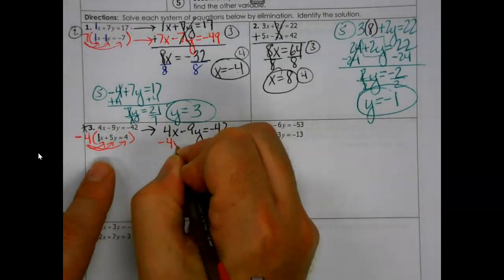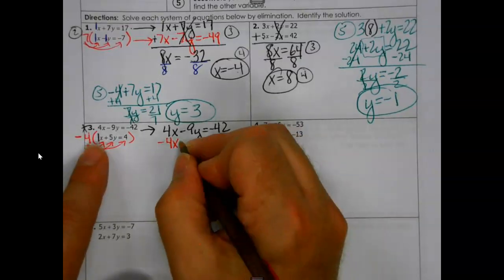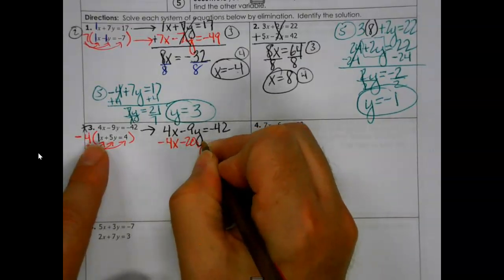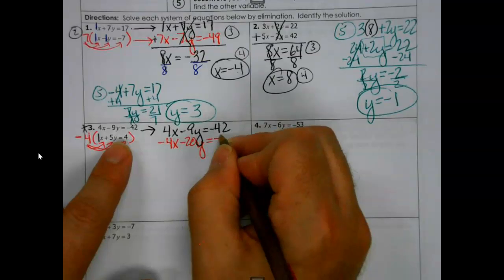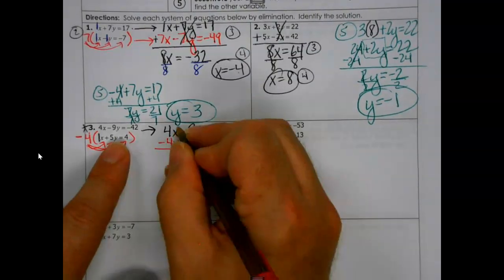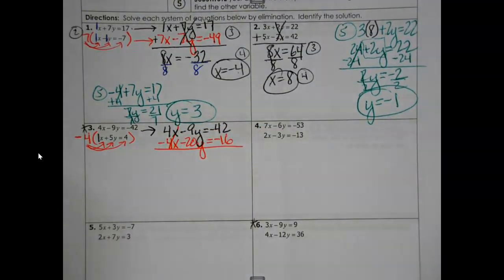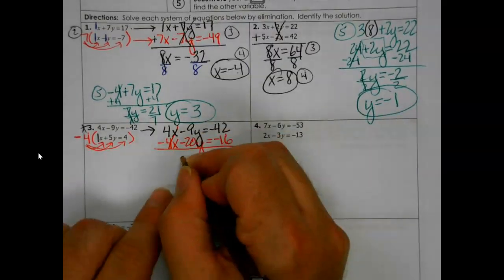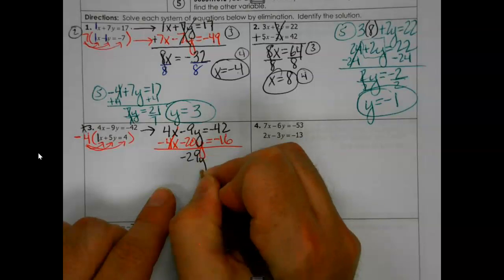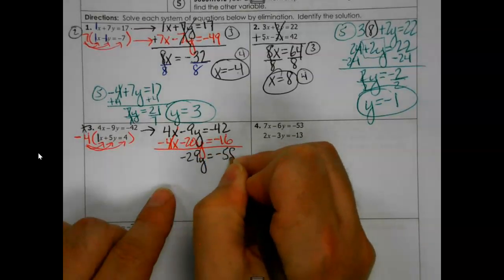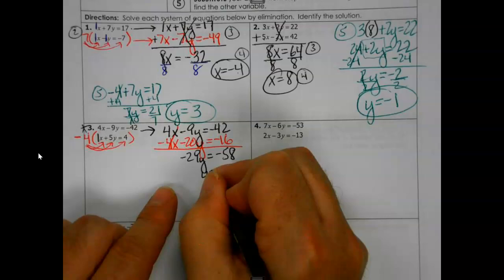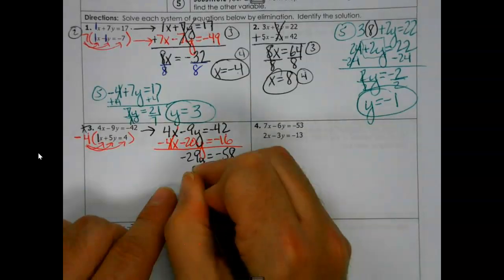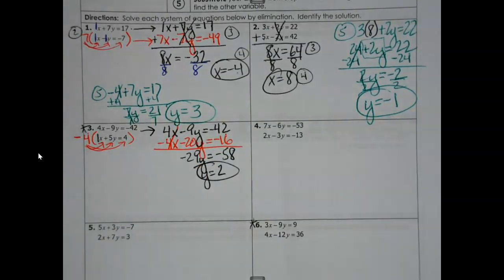We're going to distribute that negative 4 to all 3 terms. And then just add down. Nothing wrong with using the calculator on some things if you need it. Work my way to that first answer.